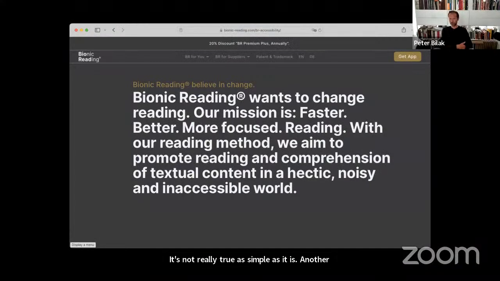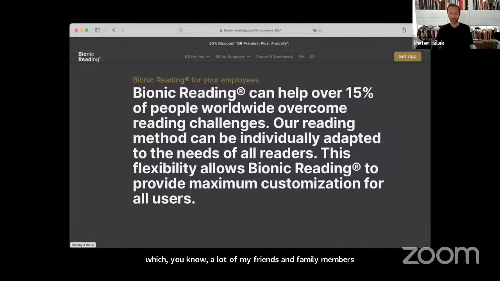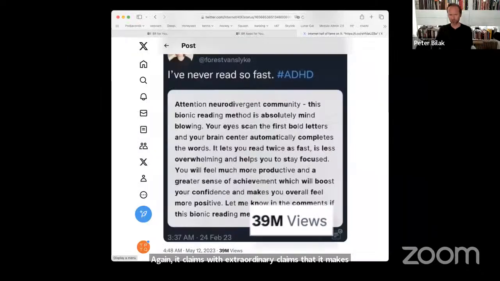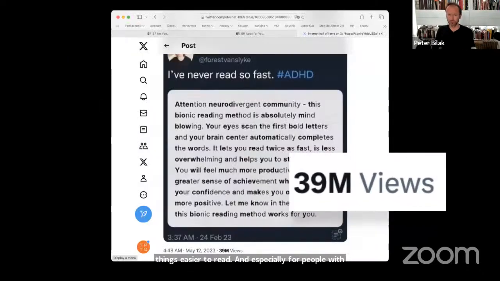Another project which a lot of my friends and family members shared with me was this bionic reading. Again, it makes extraordinary claims that it makes things easier to read, especially for people with reading challenges, people who are neurodivergent, people with ADHD. This one has been shared extraordinarily, over TikTok and Facebook and Twitter.